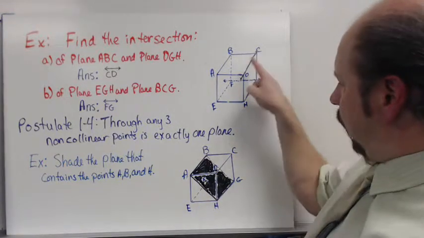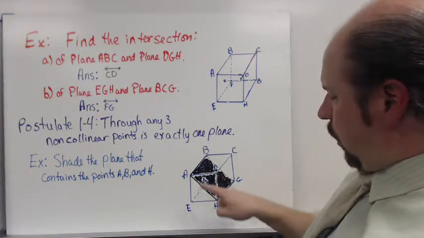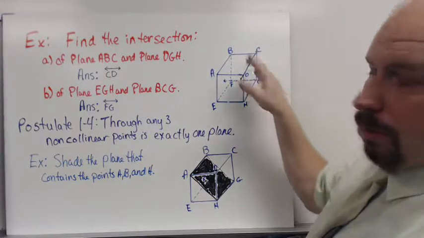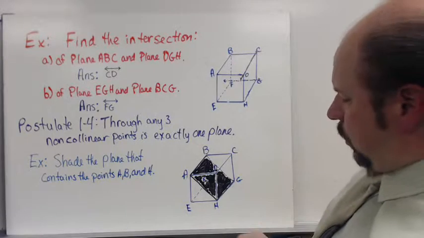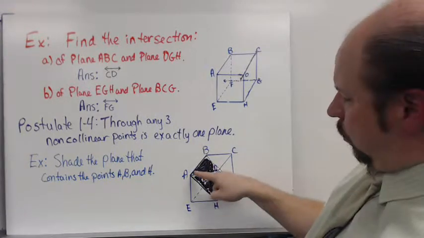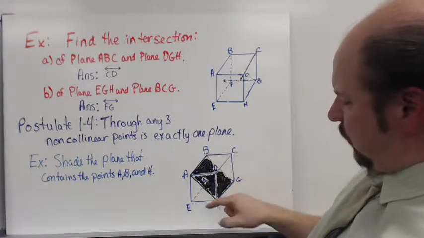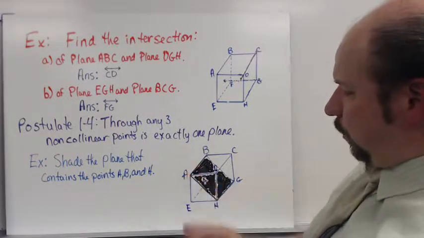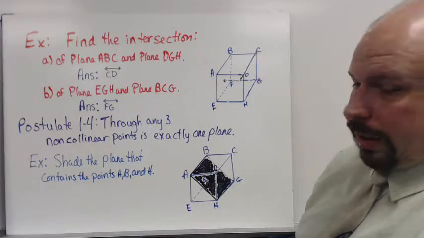So we have our same cube as we have up here, and points A, B, and H are opposite corners. If we shade that in, we're going to shade line segments AB and GH, and it basically cuts our cube exactly in half.